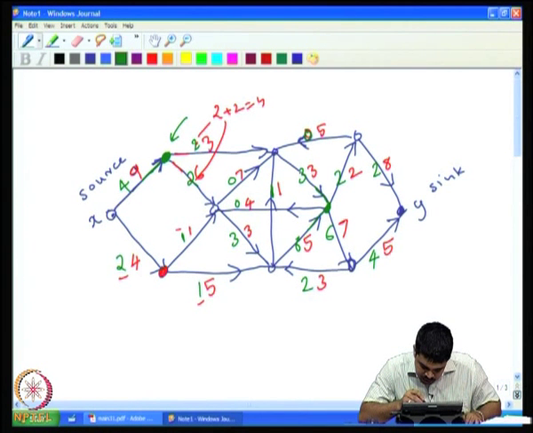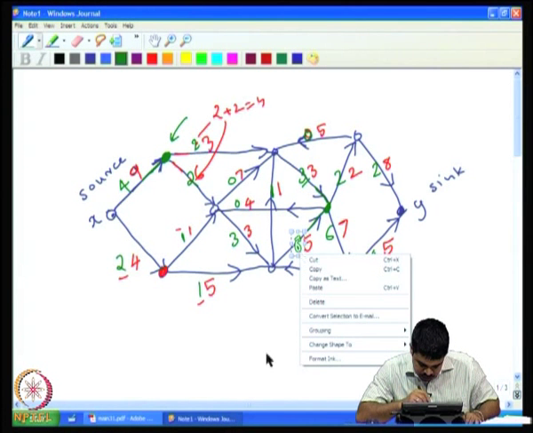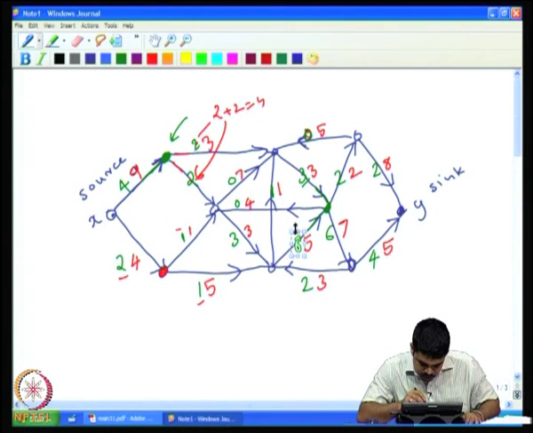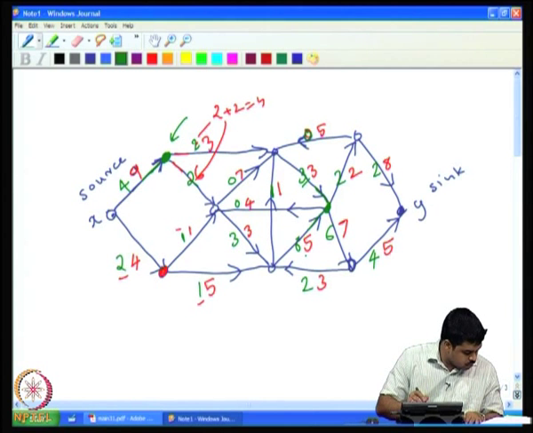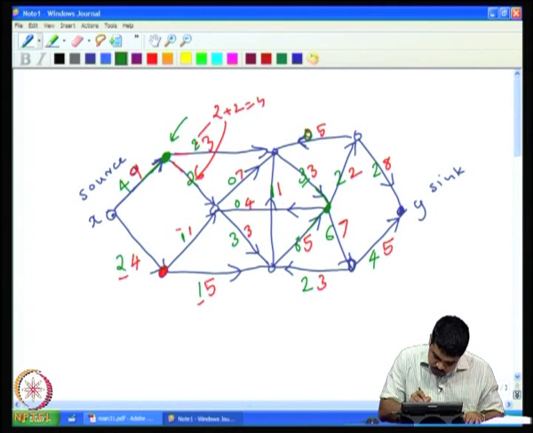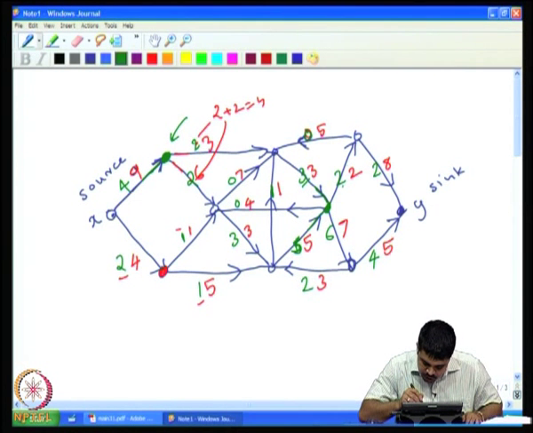The total is 3 here and 5 here, 3 plus 5 is 8. Outgoing arcs we have 2, here a 2, and here a 6.